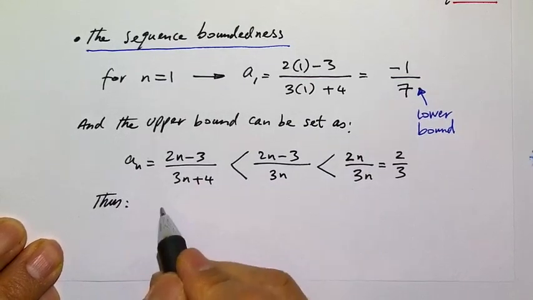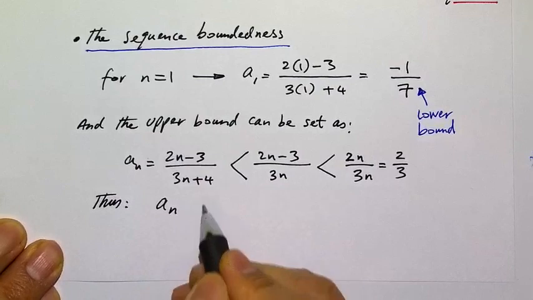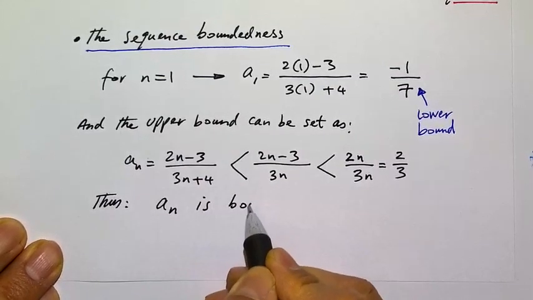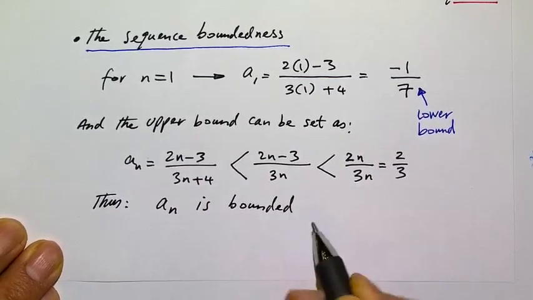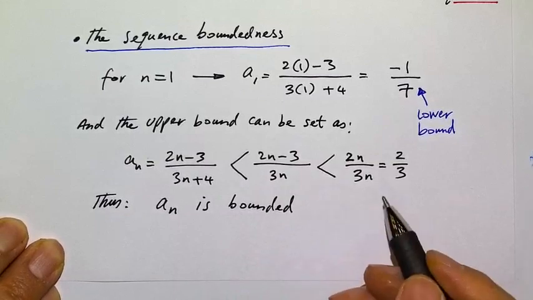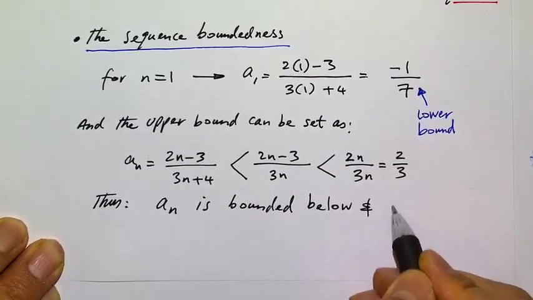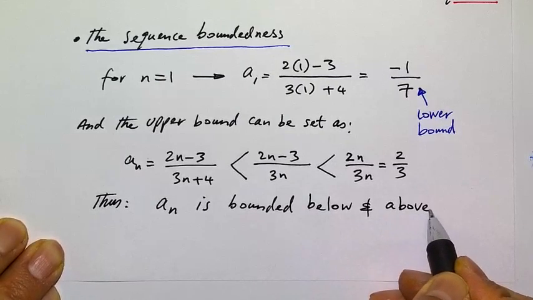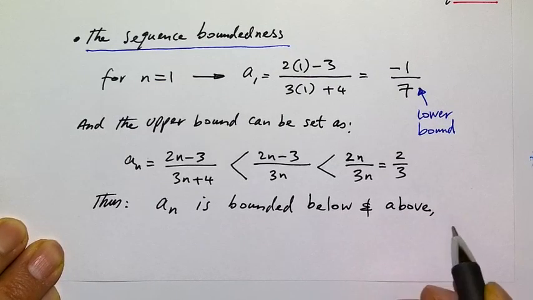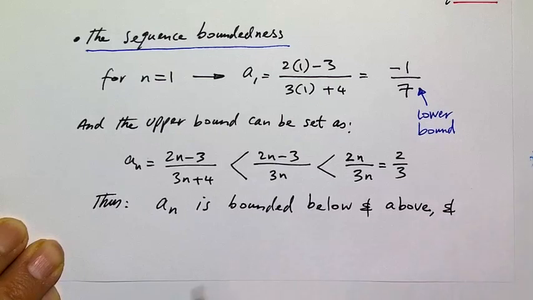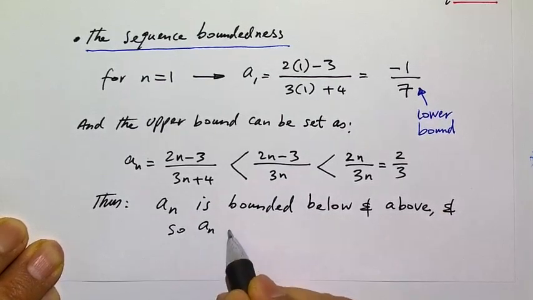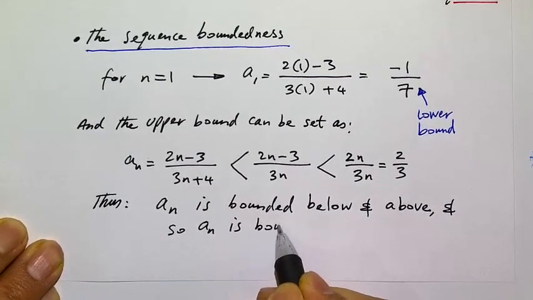So thus an is bounded below and above, and so an is bounded.